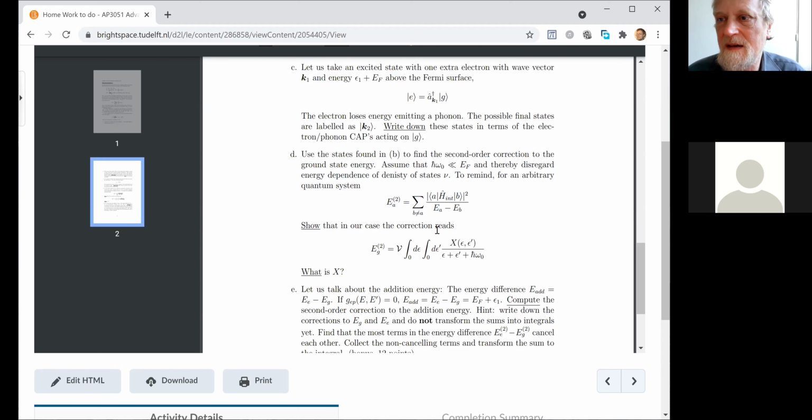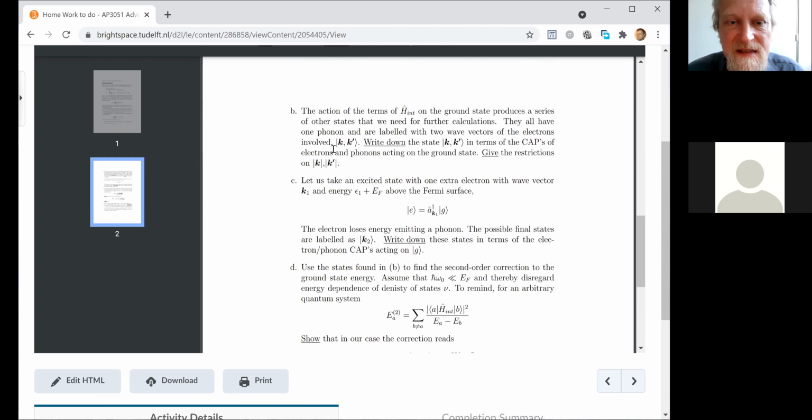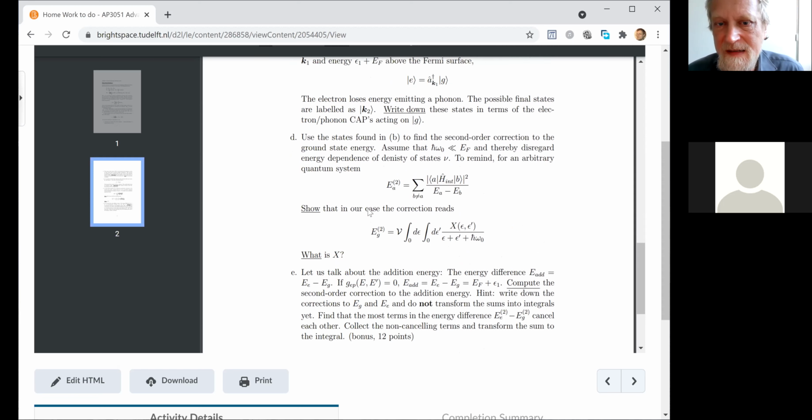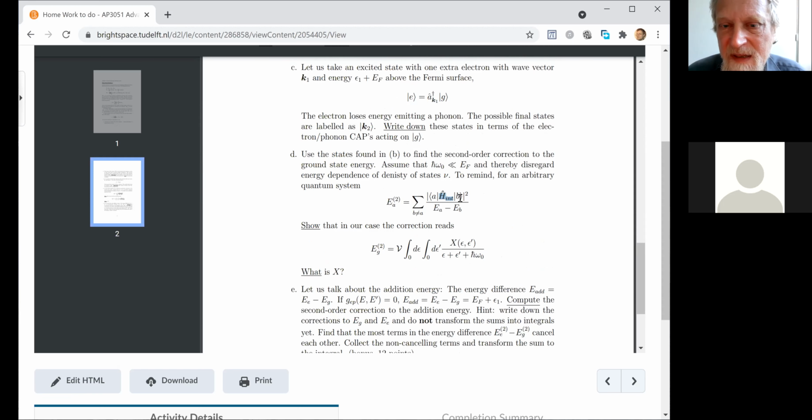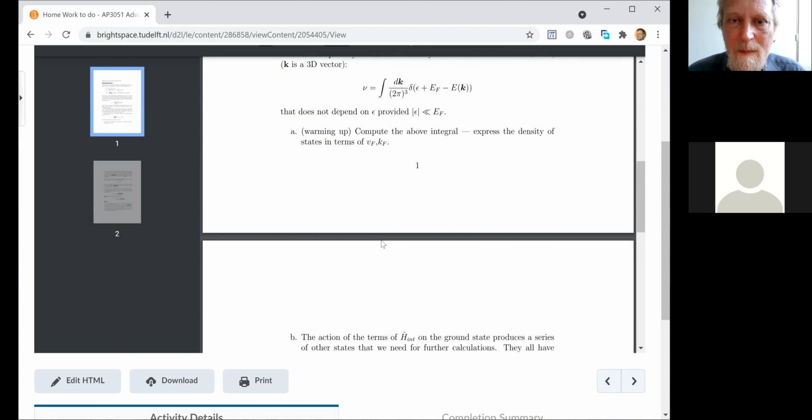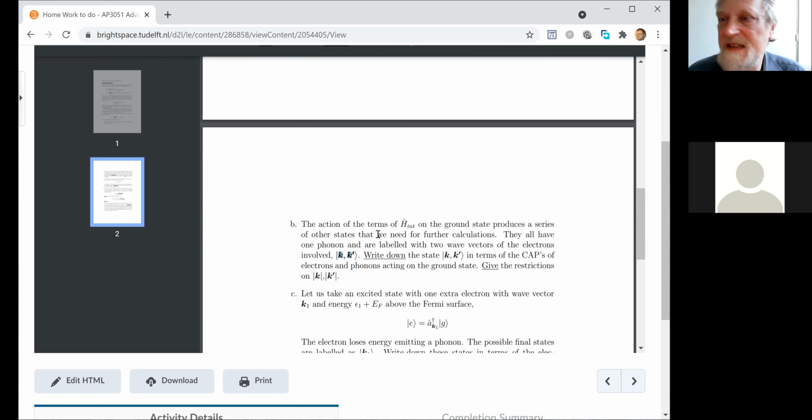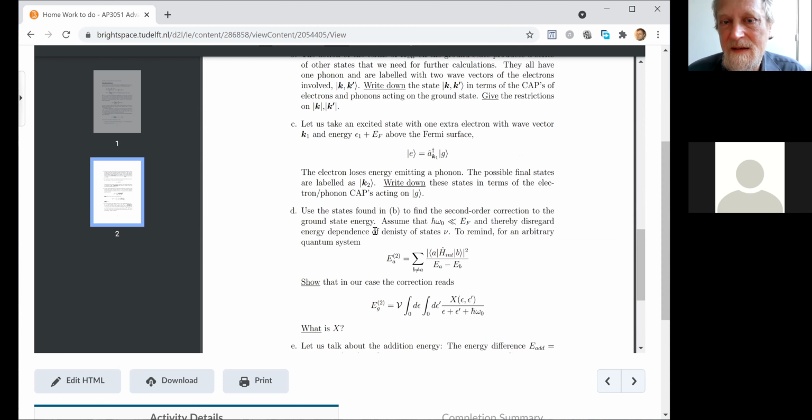So A and B here just label all possible states in Fock space. But you understand immediately that you don't need all this multitude of states in Fock space. You just need to concentrate on the states you have already computed, right? Why is it so? Because the interaction Hamiltonian, which acts on the ground state, will have matrix elements only to these states. Fine.